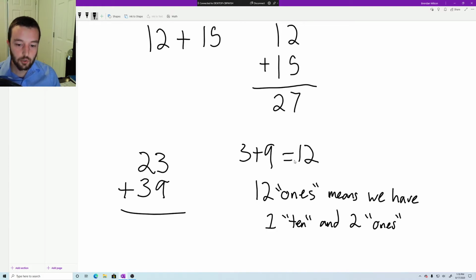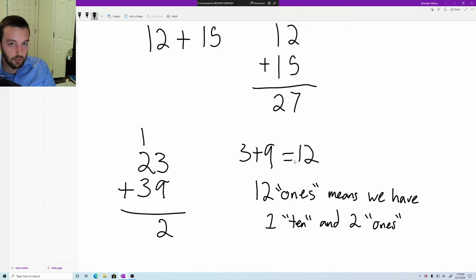Okay. So what we do is we take the 2 for the ones in the 12 and we put it with the other ones. But then that 1 ten, we carry it over to the tens. Okay. So we do what's called carrying the 1 here. We take that 1 ten and we put it with the other tens. Okay. And then we look at, okay, how many tens do we have, including that extra 1 that we have from the ones.